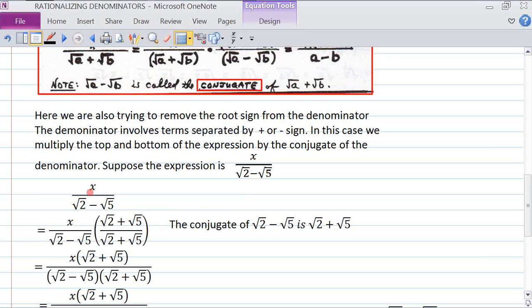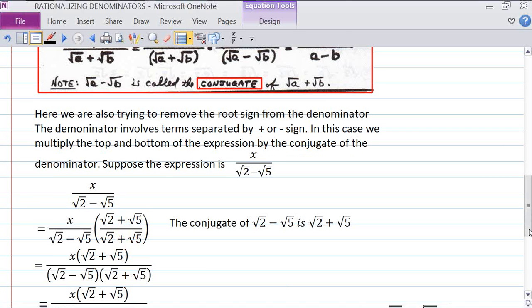So I rewrite this, and I multiply by the conjugate of this, which is root 2 plus root 5. So the conjugate of root 2 minus root 5 is root 2 plus root 5. And this divided by this is 1. I'm really multiplying by 1 when I do this operation, so I'm not changing anything.